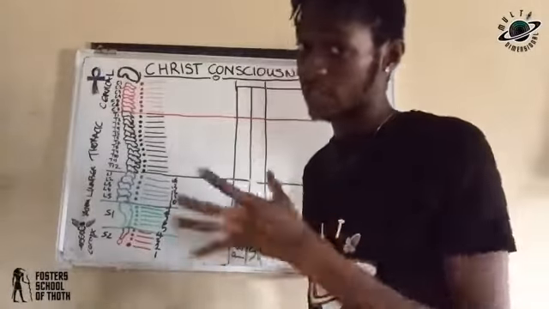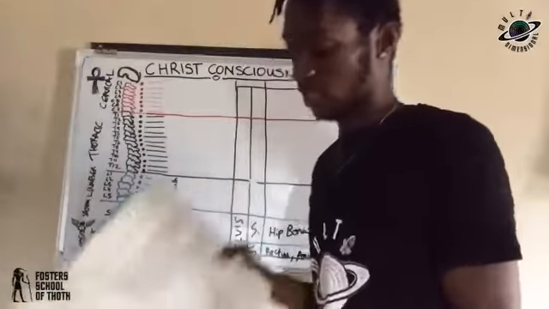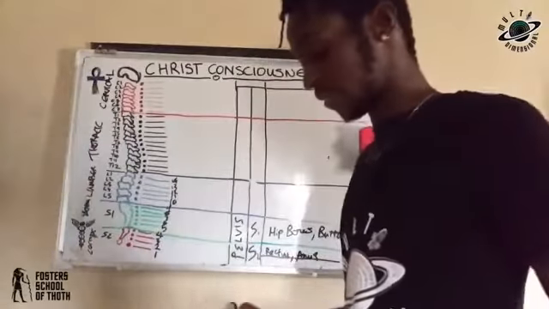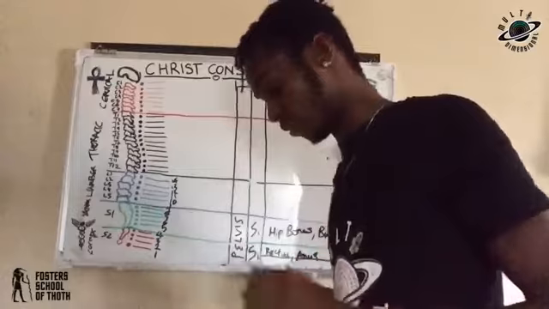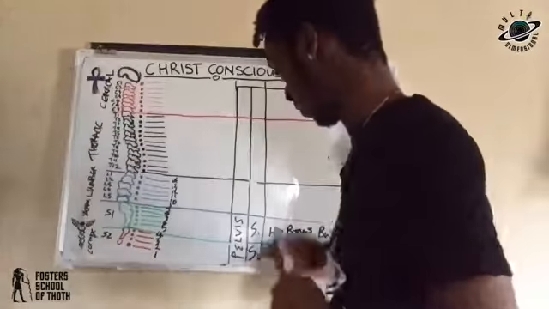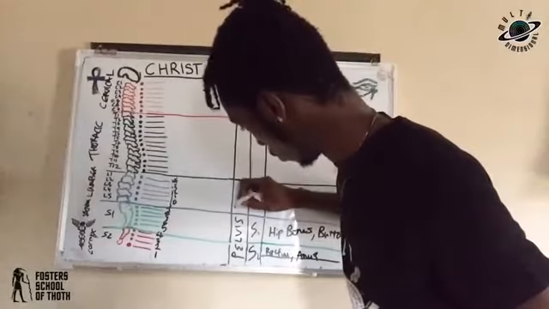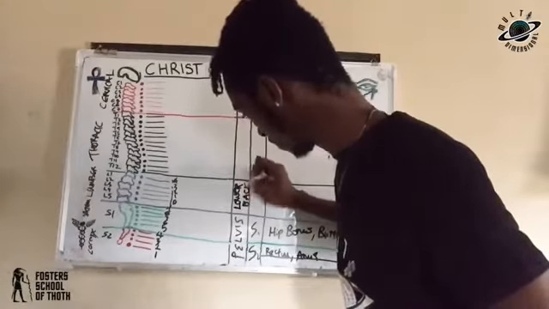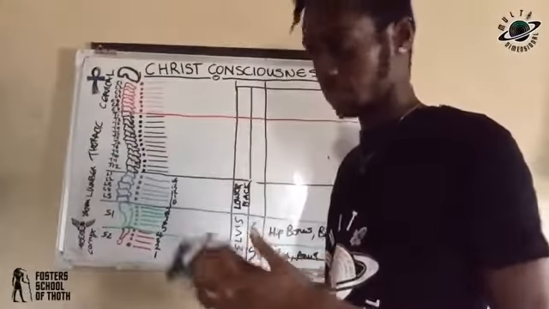So you can just jot this down as an extra if you want. There's a lot of things I'm going to mention, but I'm going to keep it simple. So that has to do with the 10th to the 14th vertebrae respectively. Now this is located in your lower back. This is building up the Christ consciousness gradually, you feel me?